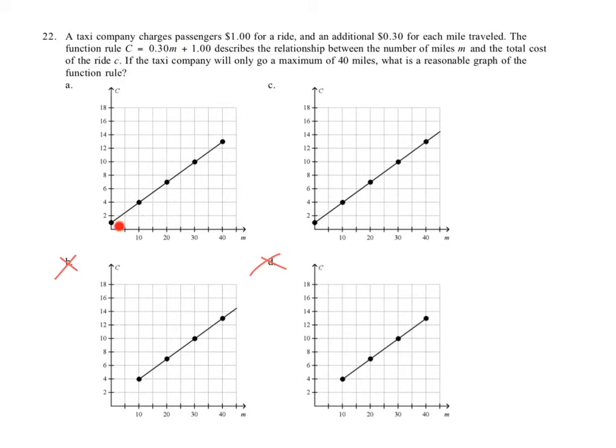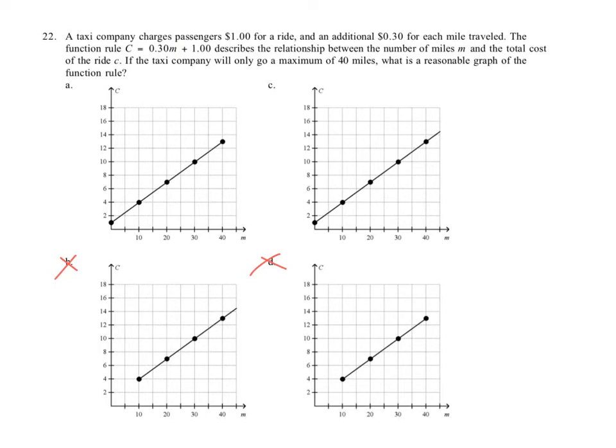And that's why we have as our domain, let's just talk about this in terms of domain and range. As our domain, you can go any number of miles between 0 and 40. So those are the only input values that make sense. And if I wanted to write that down, I would say M, let me write in blue, M has to be greater than or equal to 0 because you can't go less than 0 miles in the taxi.